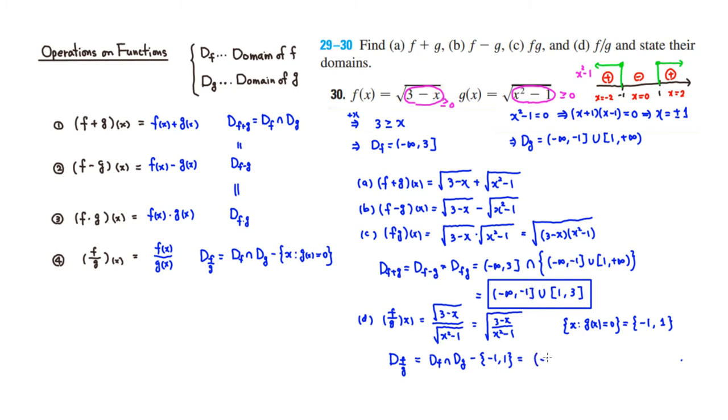So it's going to be negative infinity to negative 1. Since we eliminate negative 1, we use a right parenthesis instead of a square bracket, and a left parenthesis on 1, to 3. So that is the domain of f divided by g.